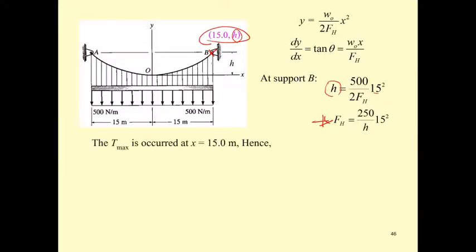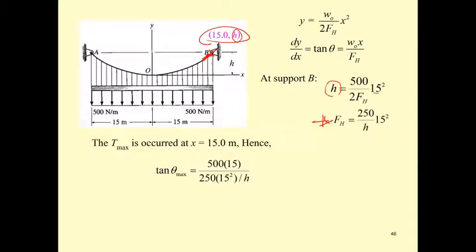And next, the Tmax occurs, like I said, at the B or at the A. Now we select the B, since it's in the first quadrant of the xy coordinate, and it occurs at x equal to 50. So from the equation that we have is going to be the angle theta.